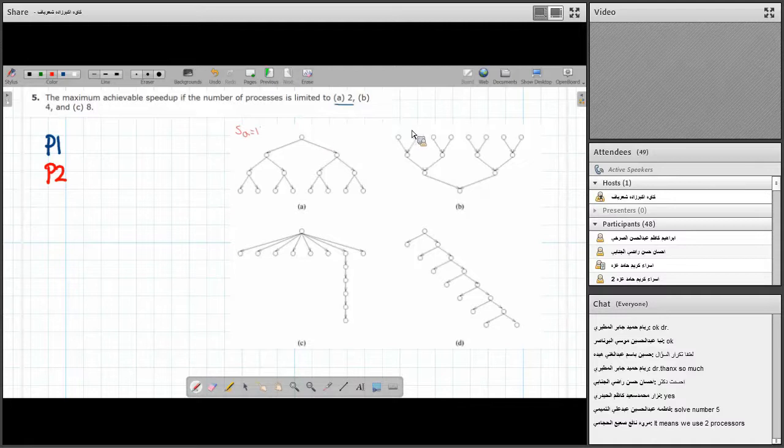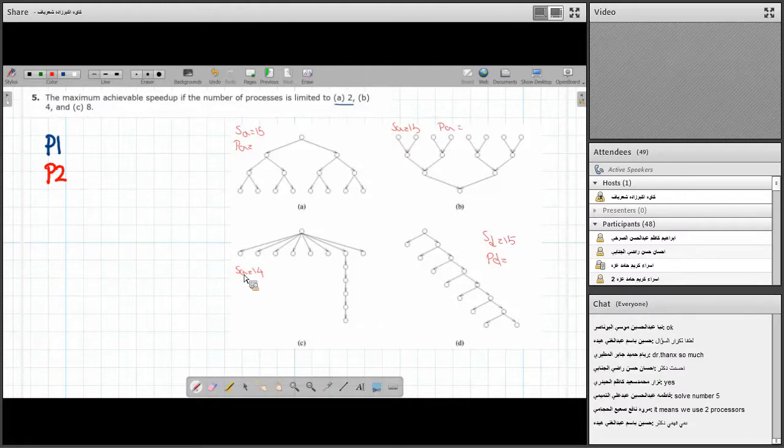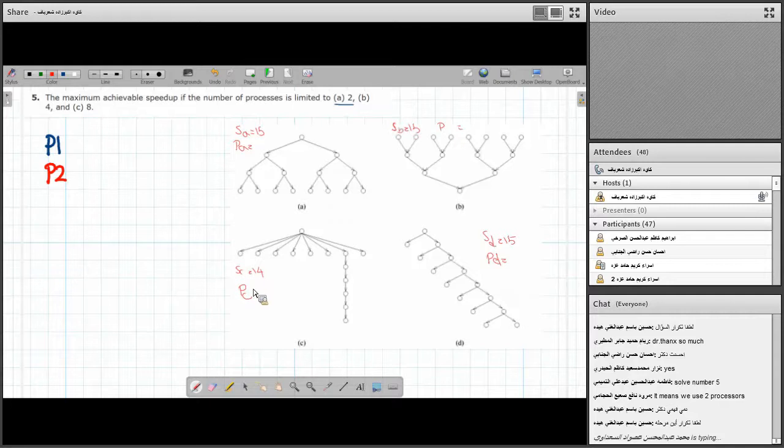Serial execution SA from the previous solution. Now PA, SB, PB, SC, PC, SD, PD.